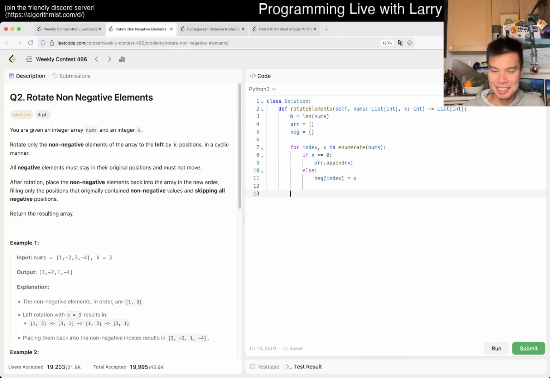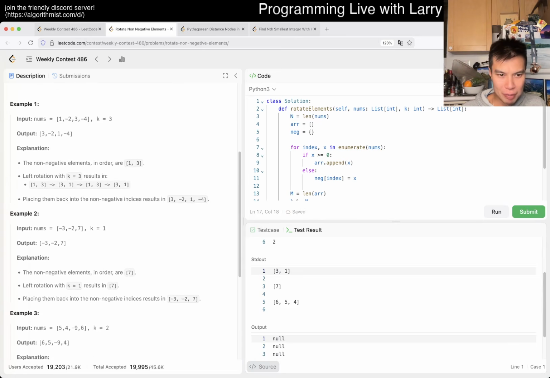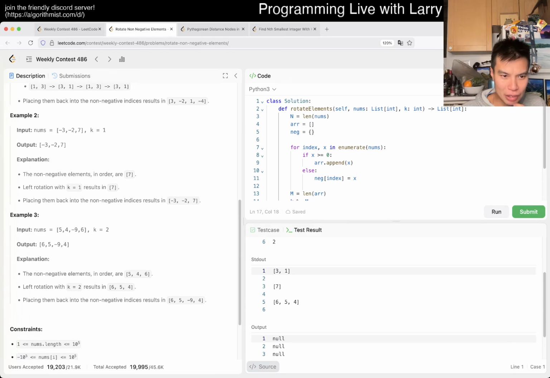I always forget which way the rotating goes, so I always have to print it out. I guess 3-1 is not very useful. Also, can they not do one with more than 2 numbers? So after, okay, so 654, so okay, we're right on this one.